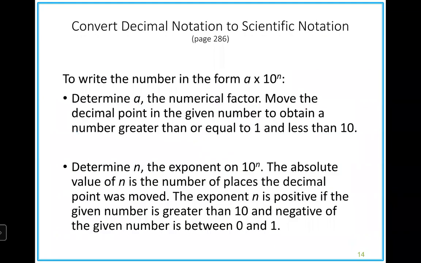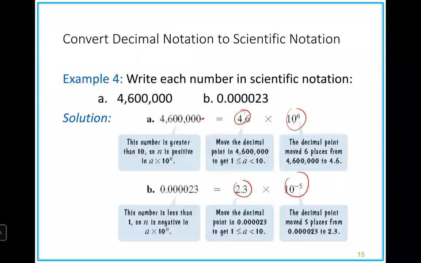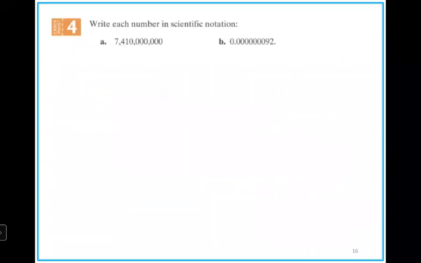If the number is less than 1, then you're going to have a negative power. Okay. All right. So when you try those two, write those two in scientific notation.